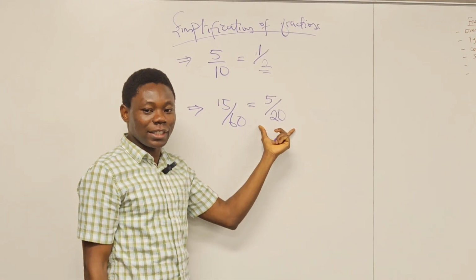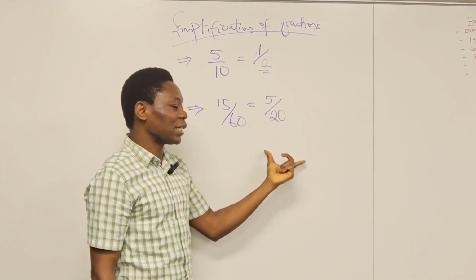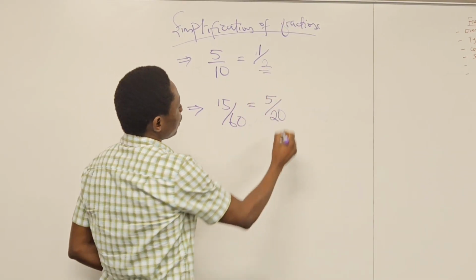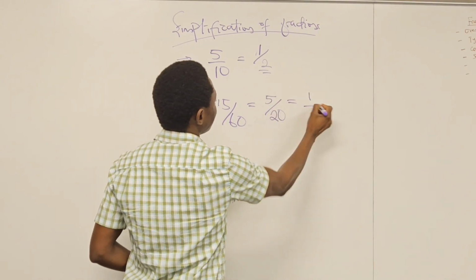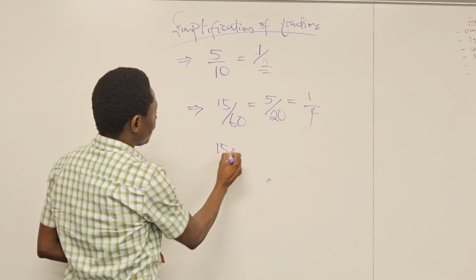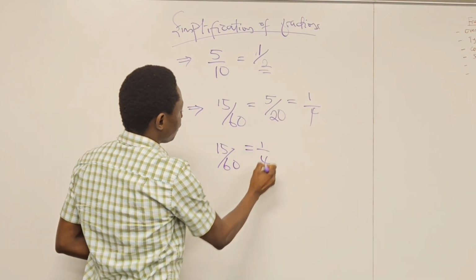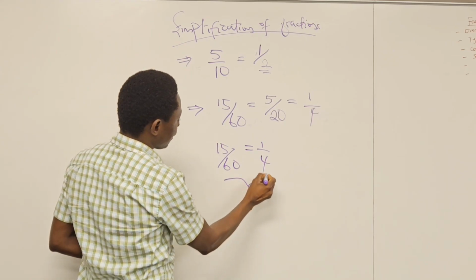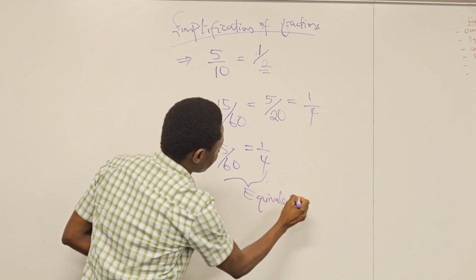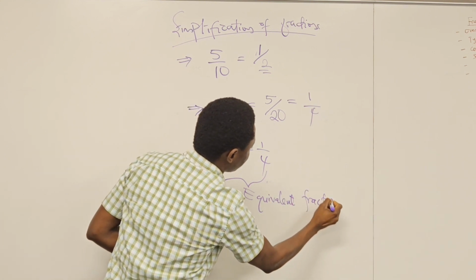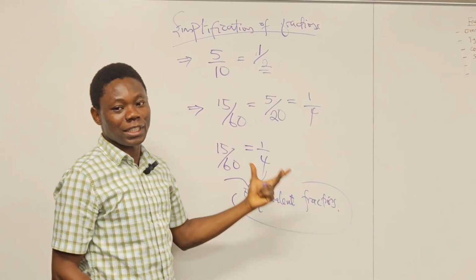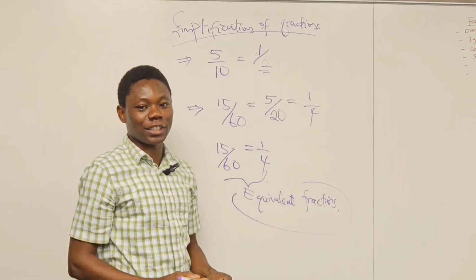But this is not the final result. This can be simplified further. We see that 5 can go into both. So 5 into 5 is 1, and 5 into 20 is 4. We can therefore write 15 over 60 as equal to 1 over 4. These two fractions are said to be equivalent fractions. So fractions can be broken down further to give you equivalent fractions.